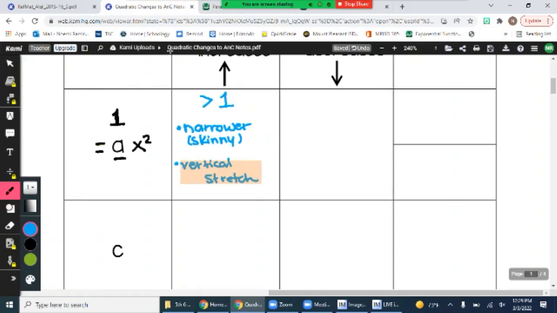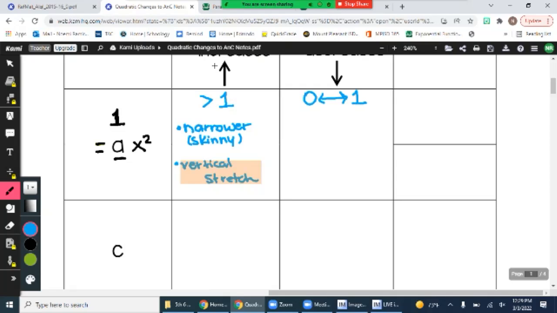Now, if we're decreasing in value, that means that number is going to be less than 1. But I said that the sign, whether A is positive or negative, affects the parabola differently than the number itself. So when I say a smaller number than 1, we're talking about any number between 0 and 1.